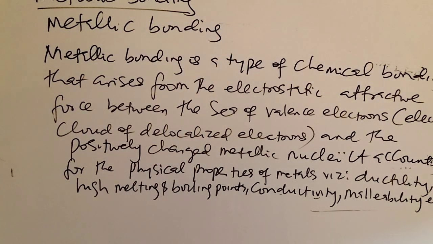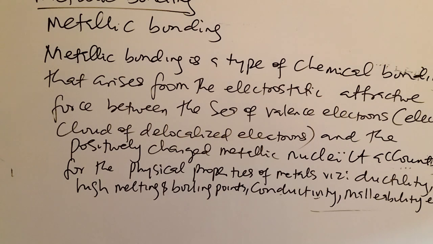Metallic bonding is a type of chemical bonding that arises from the electrostatic attractive force between the sea of valence electrons, otherwise called electron cloud of delocalized electrons, and the positively charged metallic nuclei. Nuclei is the plural form of nucleus. It accounts for the physical properties of metals, which include ductility, high melting and boiling points, conductivity, malleability, and so on.